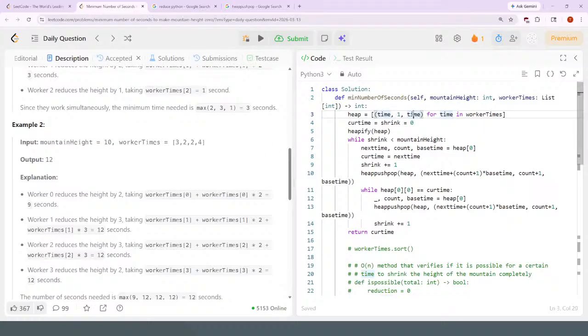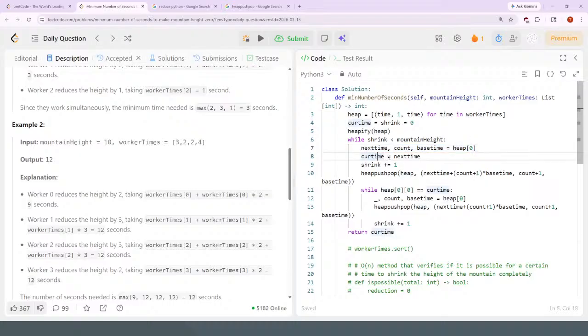so if you have a base time of 1, the first time that worker would reduce would be at total time 1. If the base time is 2, then the first time that worker reduces would be at total time 2. So if, let's say their base time is 2, then let's say that you figure out that 2 is the new time.